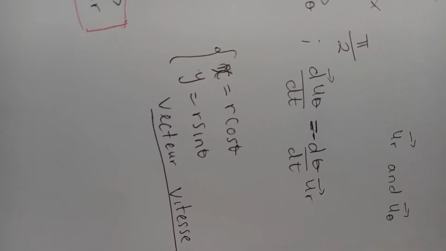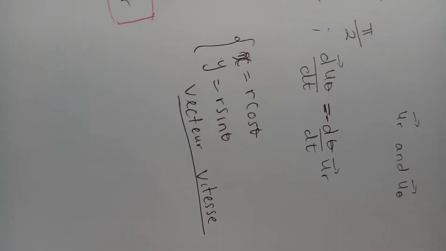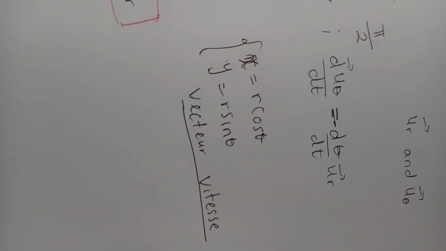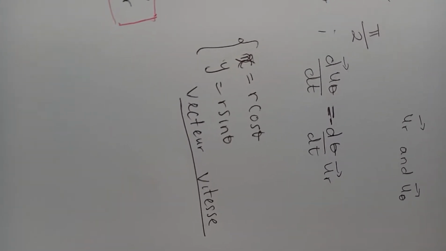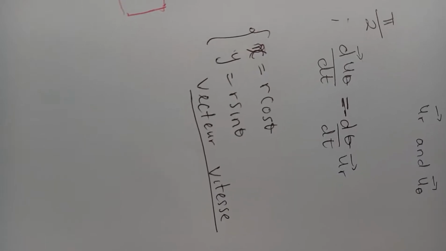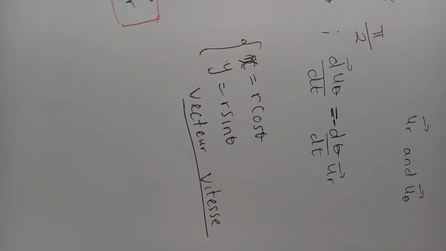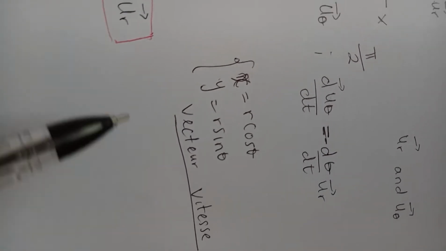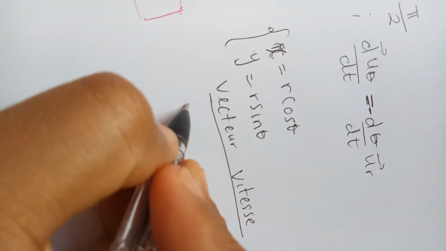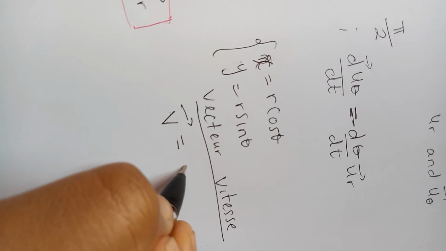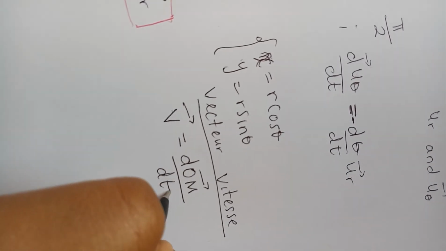We actually get the velocity vector from the position. Remember that if you're moving from position to velocity, we differentiate. From velocity to acceleration, we differentiate. Coming back from acceleration to velocity, and from velocity to position, we integrate. So here we are moving from position to velocity, so we derive. We have V is equal to d OM over dt.